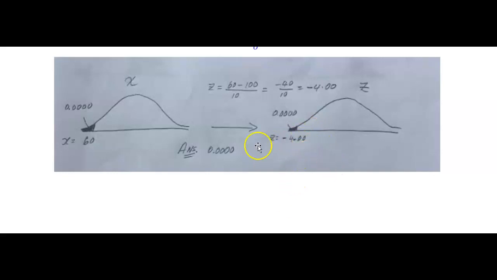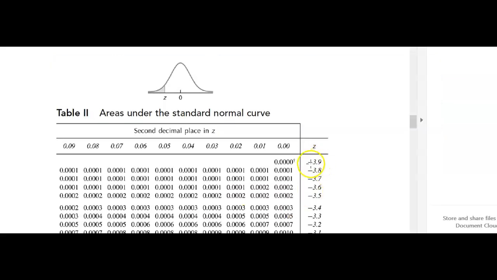For us to use table 2, we need the z-score for 60. We calculate the z-score: 60 minus the mean, divided by the standard deviation. It's negative 4.00. Well, they already told us that to the left of negative 3.9, the area is 0.